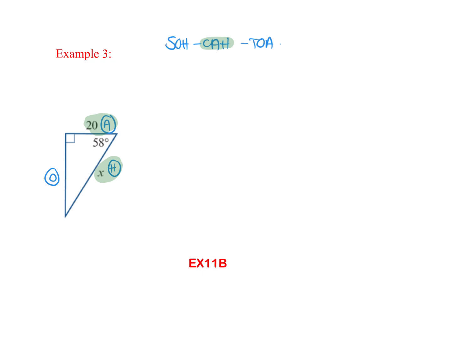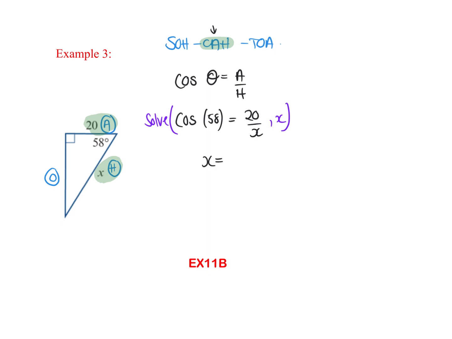So the formula I'm going to use is cos angle equals A over H. Remember, the second letter mentioned in SOHCAHTOA is the letter on top in that fraction. Then I substitute in, and it's cos 58 equals 20 over x. Then I can go to my calculator, use my solve function, and get what x equals. Yep, so we get 37.74 as my answer, and there we go.